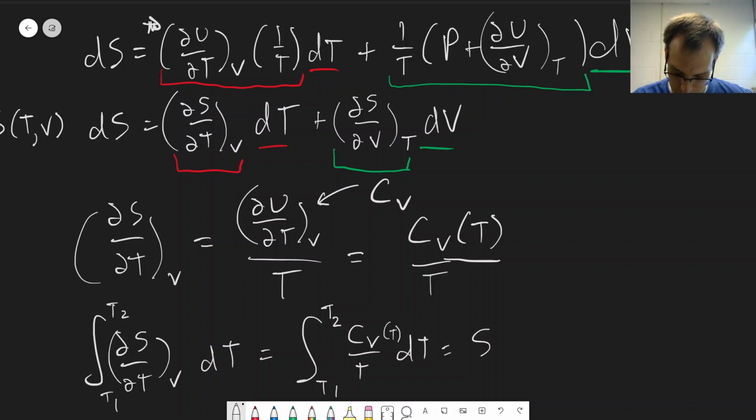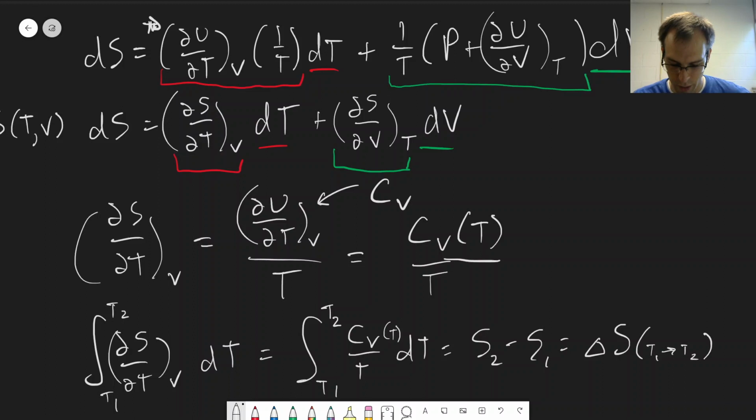And that will be equal to S2 minus S1, or delta S: the change in entropy from temperature 1 to temperature 2. So that gives us something we can measure, if we can do this experiment at constant volume. In the next video, we'll look at the more often used situation where instead of doing this at constant volume, which is a little bit hard to do, we do it instead at constant pressure, and we get a slightly different expression, but very similar to the one that we just derived.